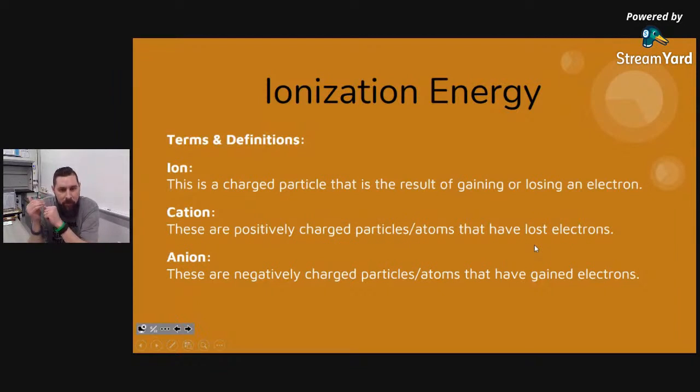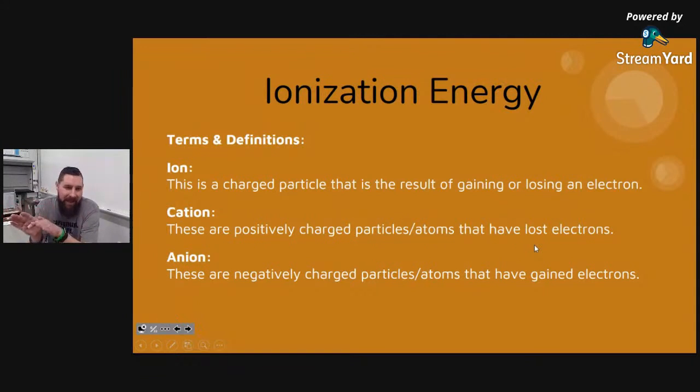Now, if you have something called a cation, these are positively charged particles or atoms because you've lost an electron or electrons. And typically you're going to see these as your metals like sodium, lithium, potassium, rubidium, magnesium, calcium, etc. And the amount of positive charge tells you how many electrons were lost. Right? But those are cations.